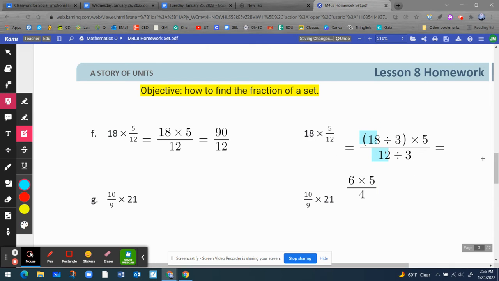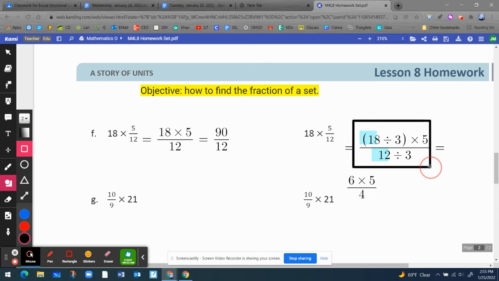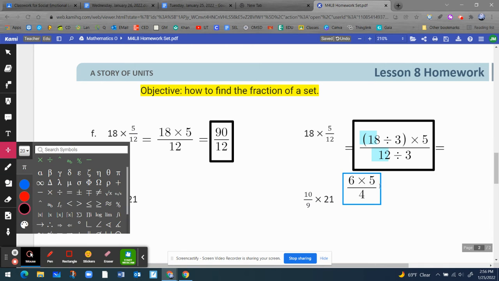Notice what's going to happen here. In this strategy, before we get to the answer, we divide to reduce the size of the numbers. On the second one, we do not reduce until the end, which is a larger division. On the right-hand side, 6 times 5 equals 30, and that's going to be divided by 4, the denominator.